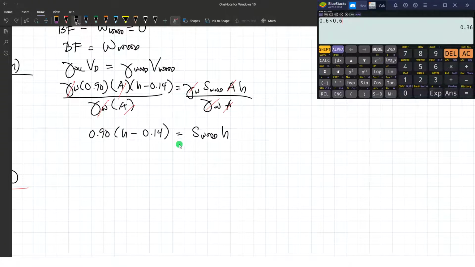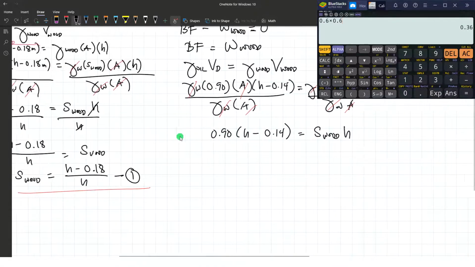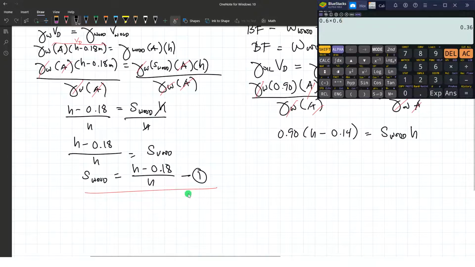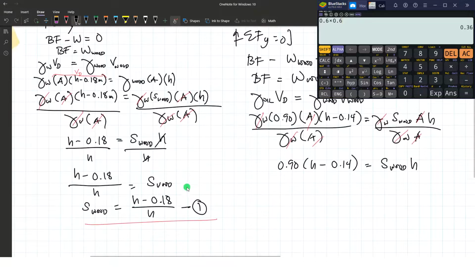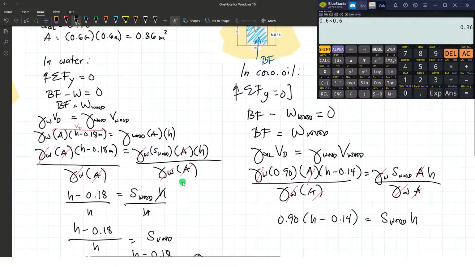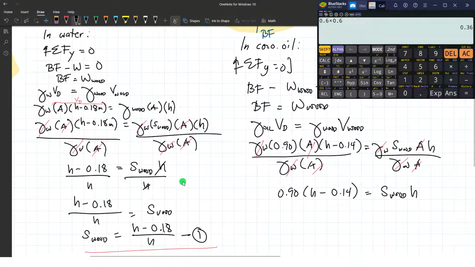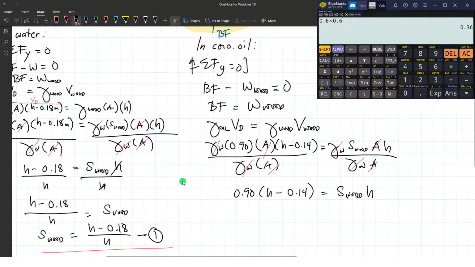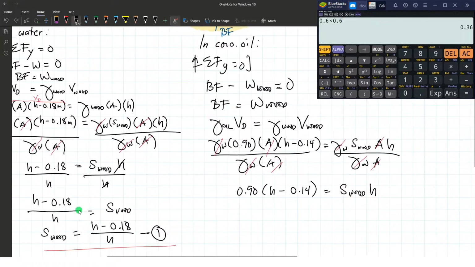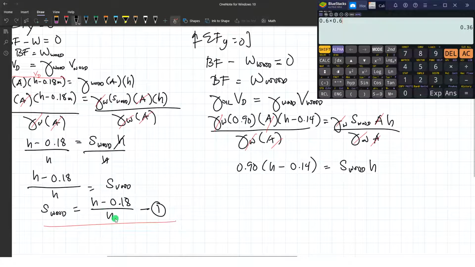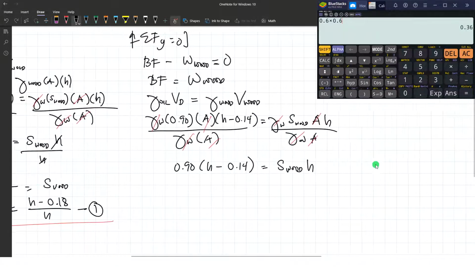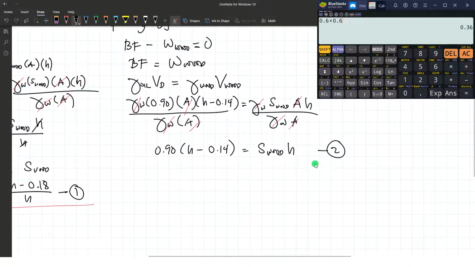In this equation, we can now substitute equation 1, derived from the sum of forces when the wooden block is in water. So we substitute the specific gravity of wood in terms of H here on this equation, which is, let's say, equation 2.